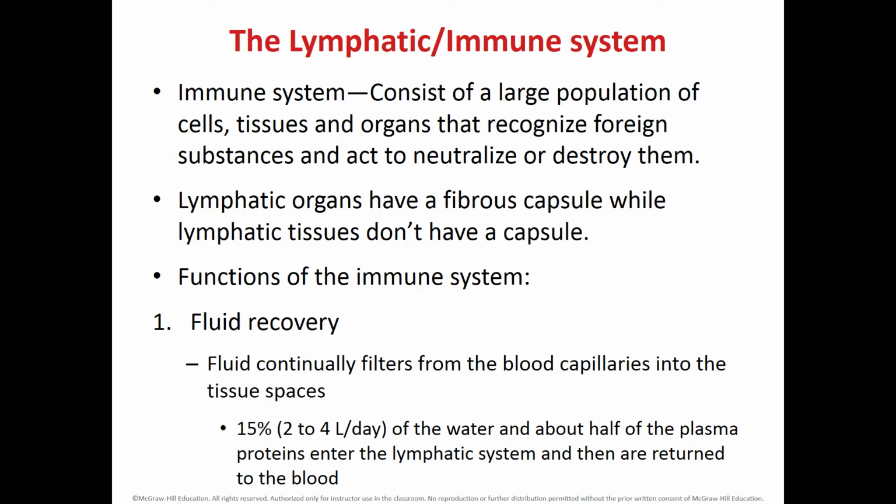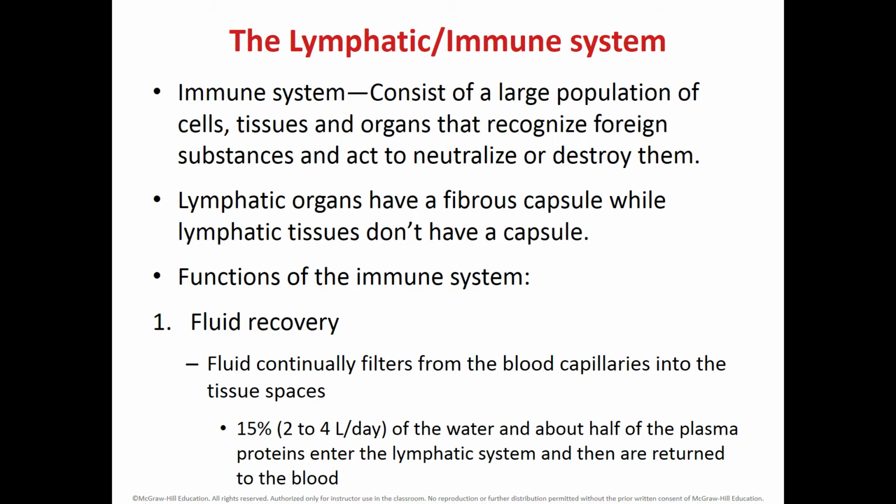The immune system is part of our system of defense mechanisms that has a large population of cells, many tissues and organs, that all help to recognize foreign substances that we know as antigens, and they act to neutralize and destroy these foreign substances.